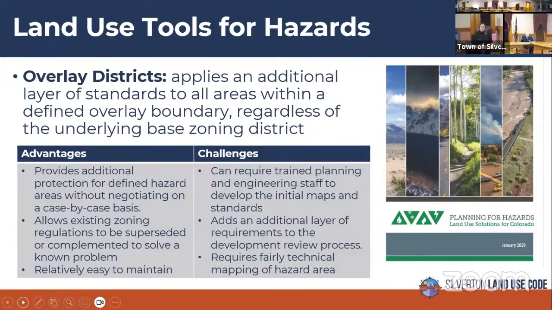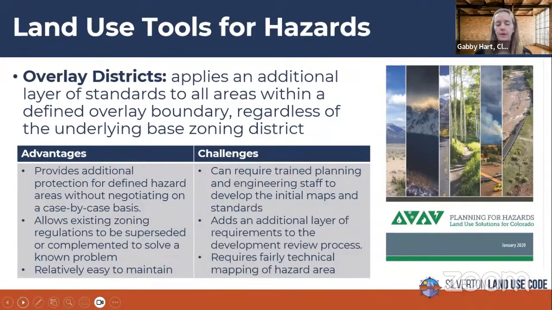The advantages of using overlay districts are that they provide additional protection for defined hazard areas without negotiating on a case-by-case basis. They allow existing zoning regulations to be superseded or complemented to solve a known problem, and they are relatively easy to maintain.